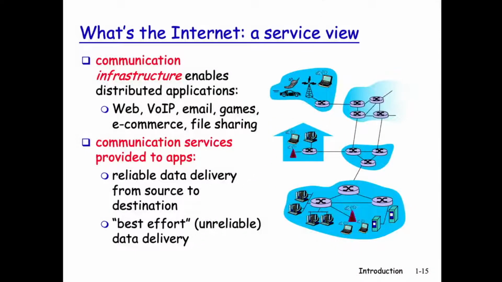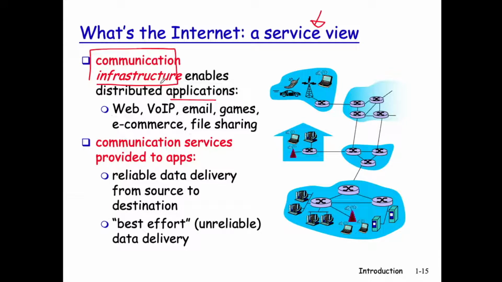Now, the service view. We've learned the nuts and bolts that compose the physical internet. That is the communication infrastructure that allows us to have these applications sitting at the very top in the first place.